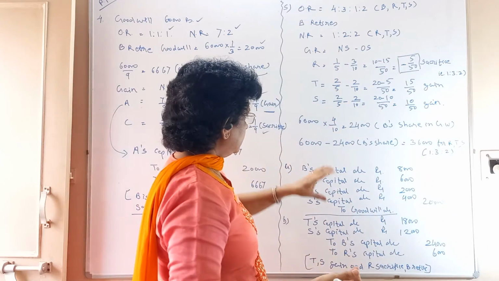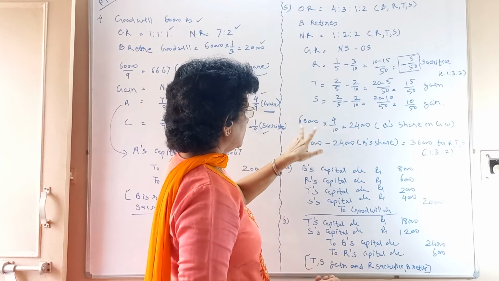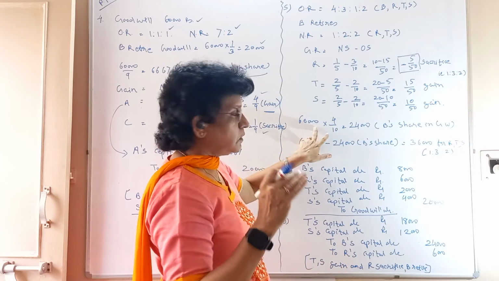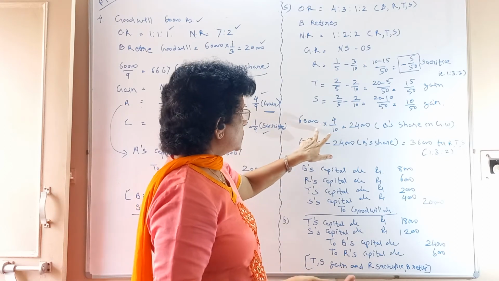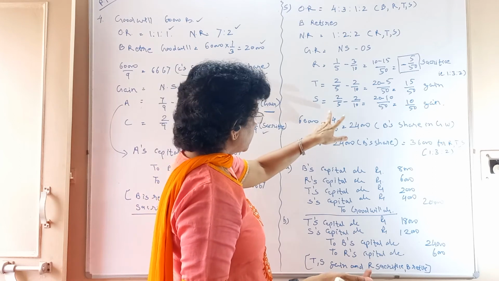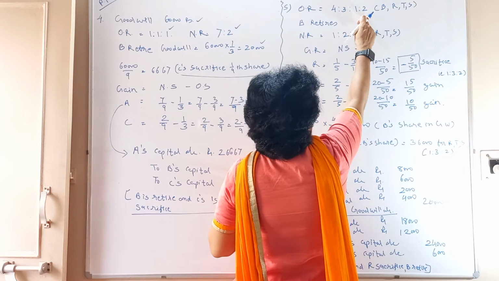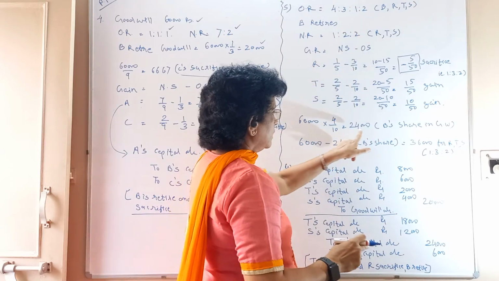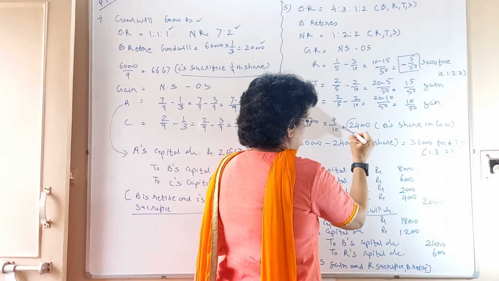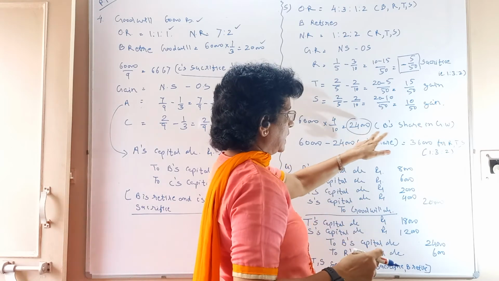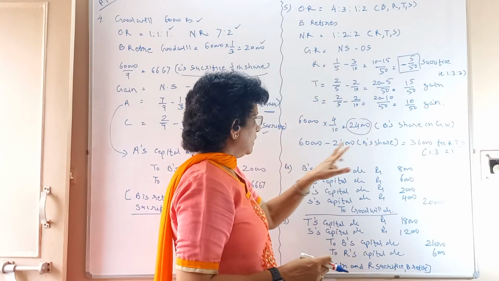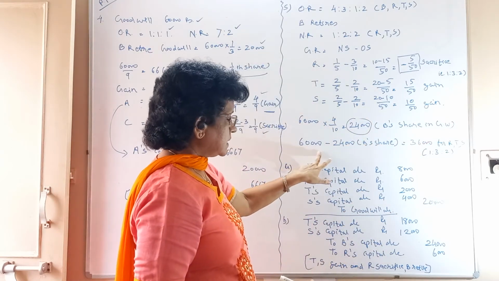Clear? So in this manner, how to find the figure? 60,000 is the goodwill you are deciding. So on the goodwill, the retiring partner's portion is 4/10. So 24,000 you have to give to the retiring partner, B's share in goodwill. Now the total goodwill is 60,000.